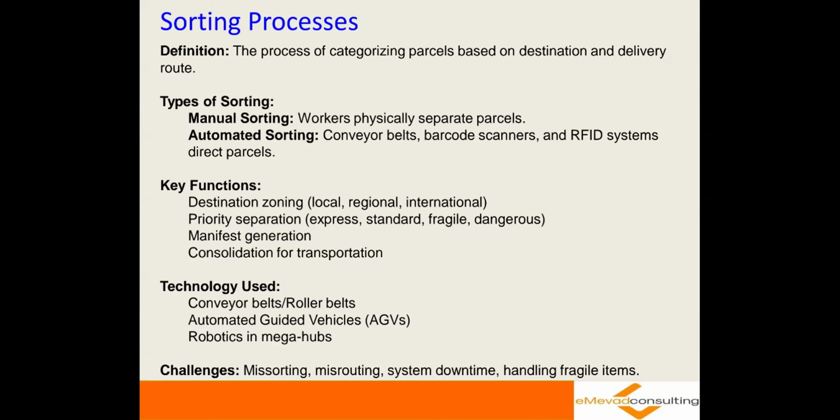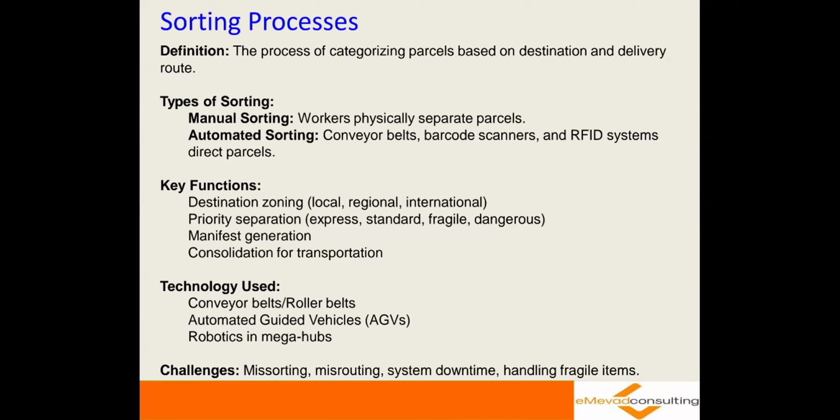It could be just one linear conveyor belt or roller belt. For the conveyor belt, the packages are moved mechanically. For the roller belt, the packages are pushed along the roller belt. They are rolled to the next level.